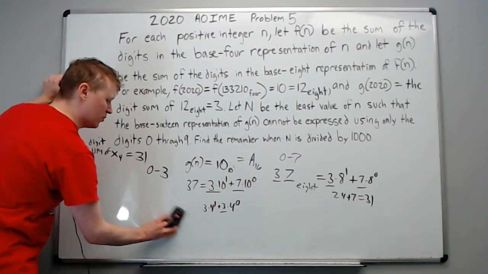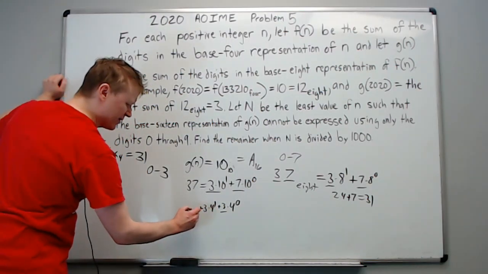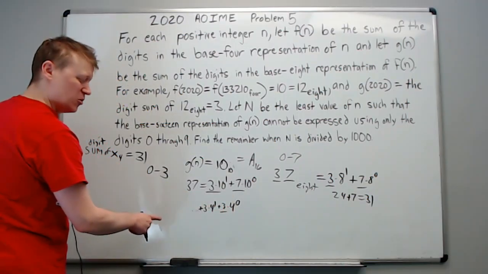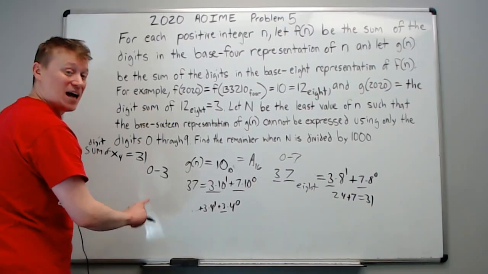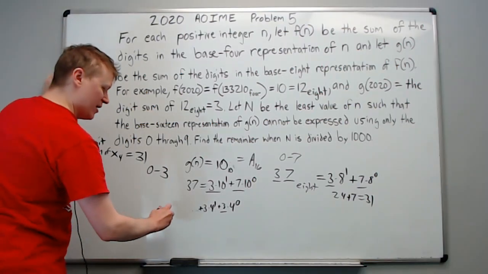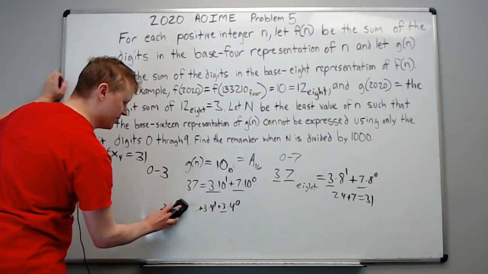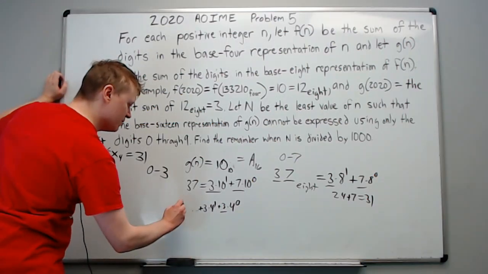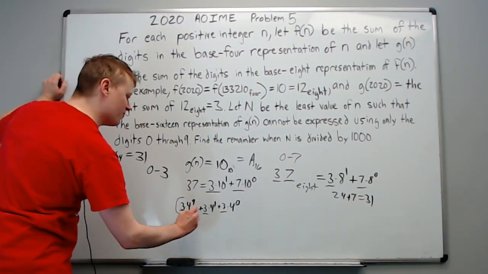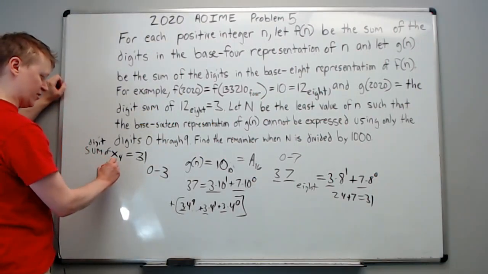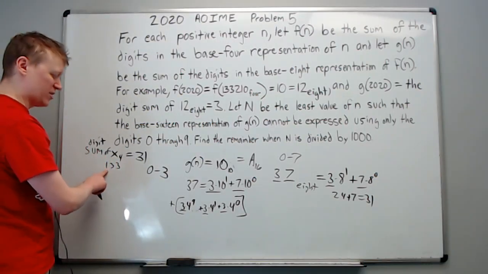Going back this way, it's going to stop when we have 10 of these 3's, which would be 4 to the 9th, not 4 to the 10th. So we're going to have 3 times 4 to the 9th. And then we're going to have, besides that, plus the one that was in front of all those 3's, which is going to be 4 to the 10th.